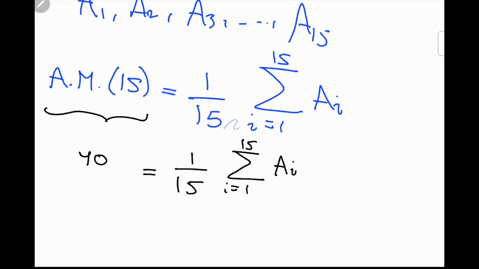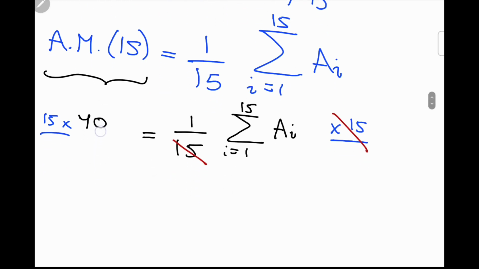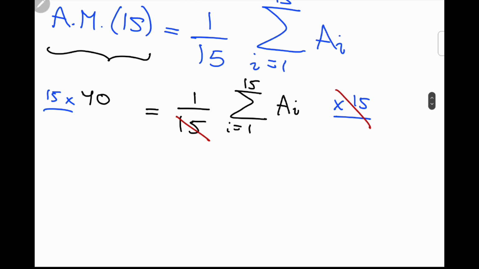So how do I now proceed? Now if you multiply both sides by 15, we can get rid of the 15 here, and then we will have just that the sum from I equal to 1 to 15 of AI equals 600.